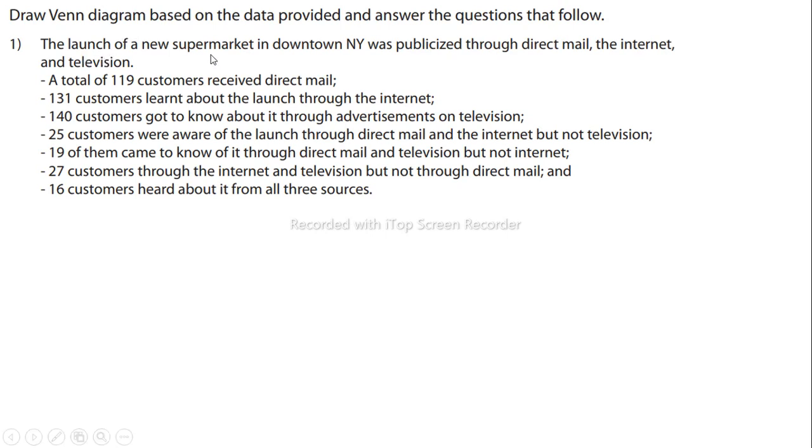It says the launch of a new supermarket in downtown New York was publicized through 3 methods: direct mail, the internet, and the television. They spread out that information using mail, internet, and television.